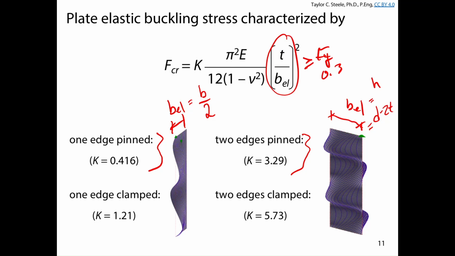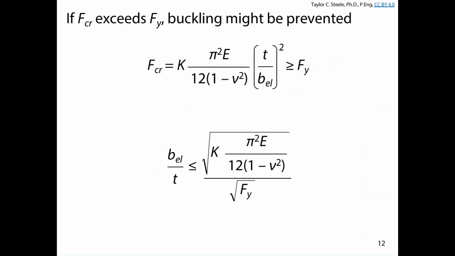All right, so we might say, okay, let's make Fcr greater than Fy. And if we do that, we can rearrange all of the stuff in this equation and figure out what b_el over t has to be equal to or less than so that we get Fcr exceeding Fy.